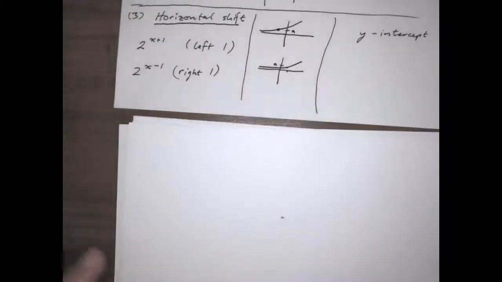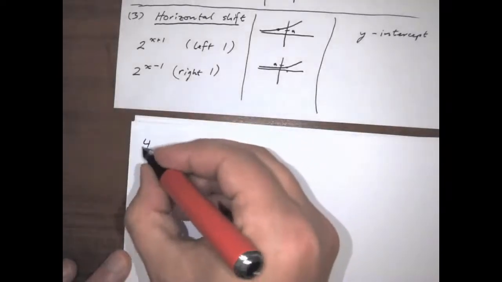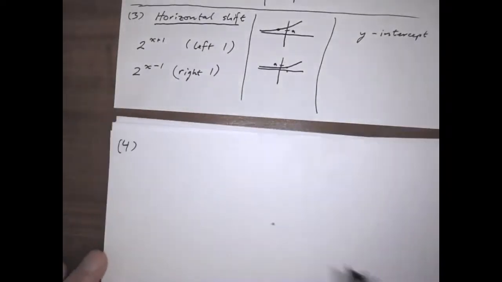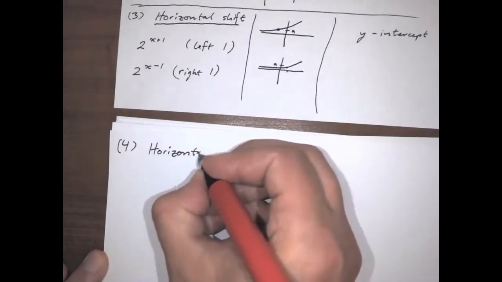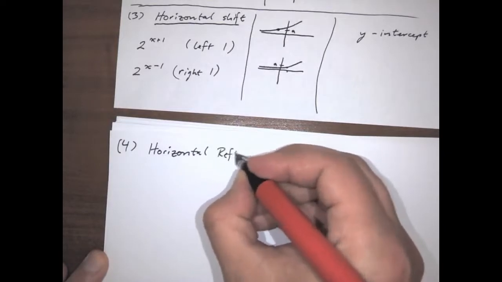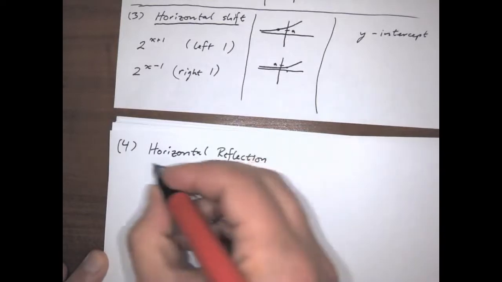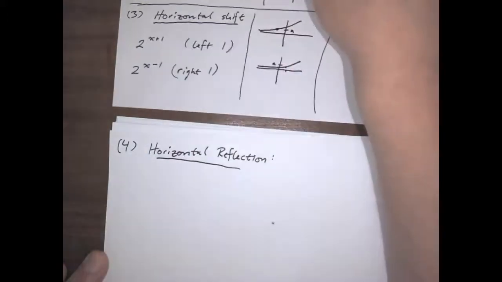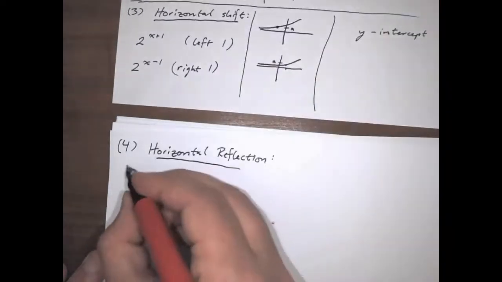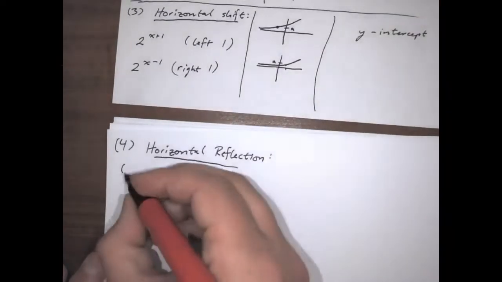And then the fourth thing that can be changed here would be a horizontal reflection, which also is called a reflection about the y-axis.